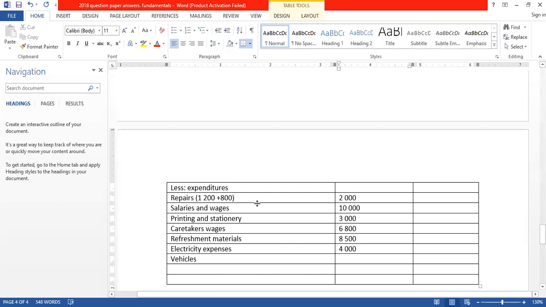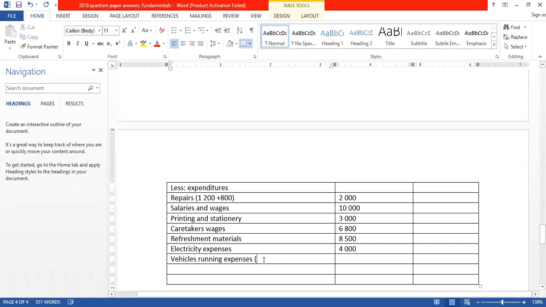And then we also have payables for vehicle running expenses. A payable meaning it's accrued, it's not yet paid, and therefore because it belongs to the current financial year, it should also be added.